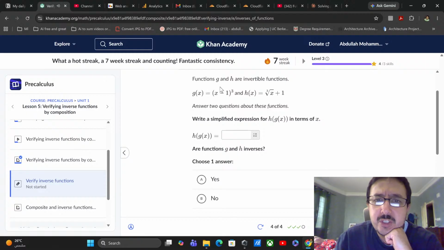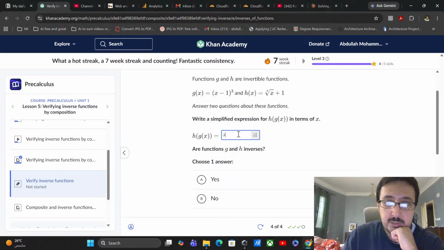Okay, functions g and h are invertible functions. Answer two questions. Write a simplified function for h of g of x in terms of x. h of g of x, I got this. So the cube will go with the cubic root. So what am I left with? x minus 1 plus 1.